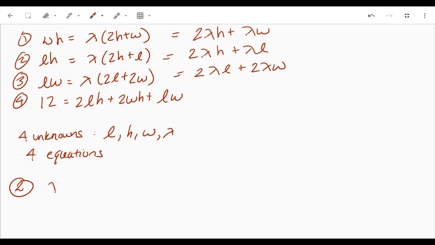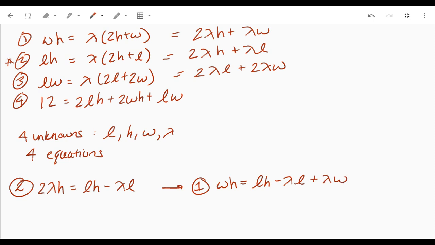So in the second equation, 2 lambda H equals LH minus lambda L. Again, I took the second equation, rearranged it so I solved it for 2 lambda H so I can plug it into the first one. So then in the first equation, WH equals LH minus lambda L plus lambda W.